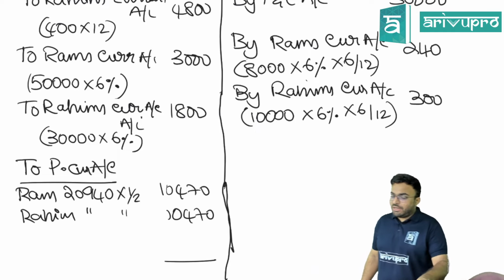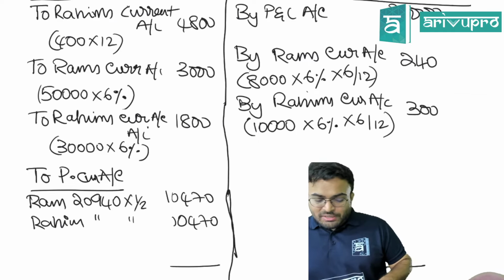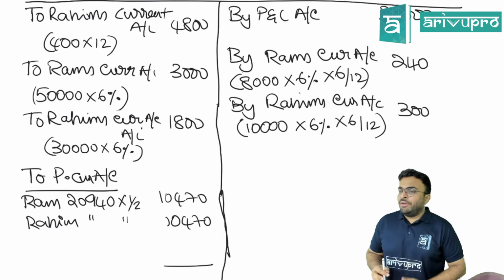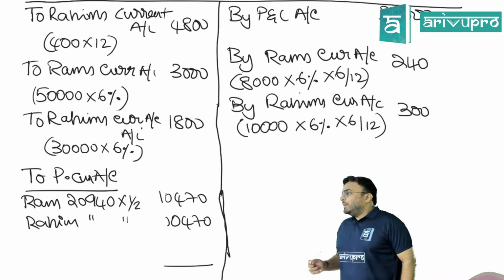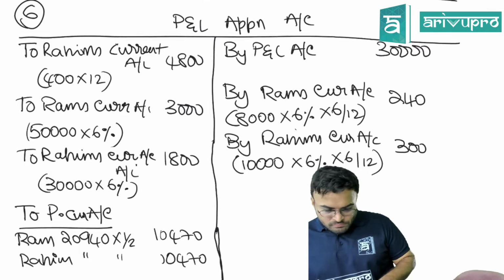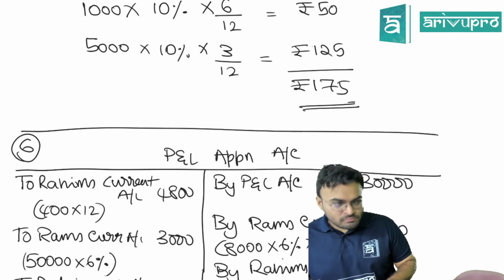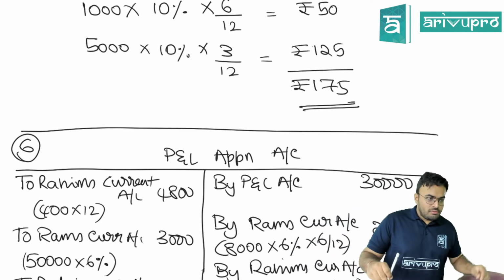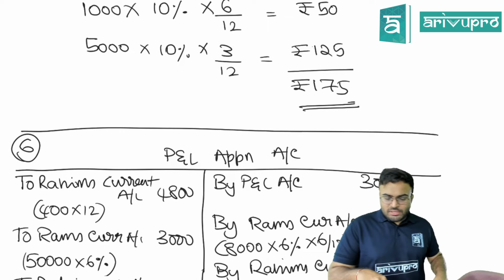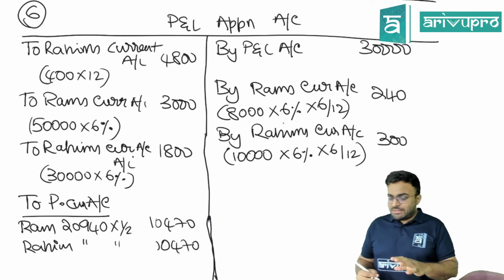Everything to partners' current account, 10,470, 10,470. I hope it's clear. P&L appropriation. What is the difference here? Everything goes to current account. Just check first. P&L appropriation is done. Clear?